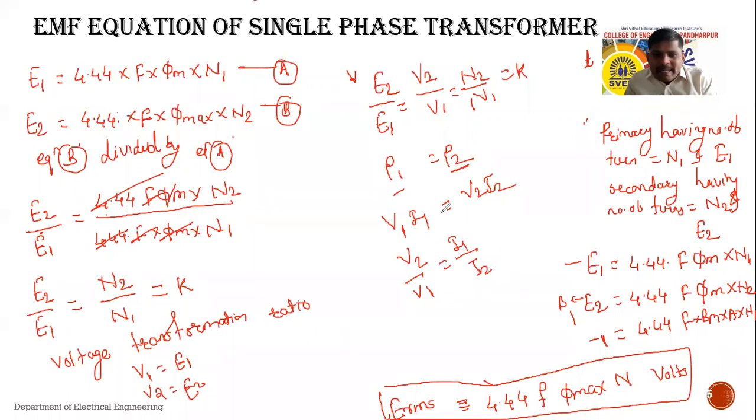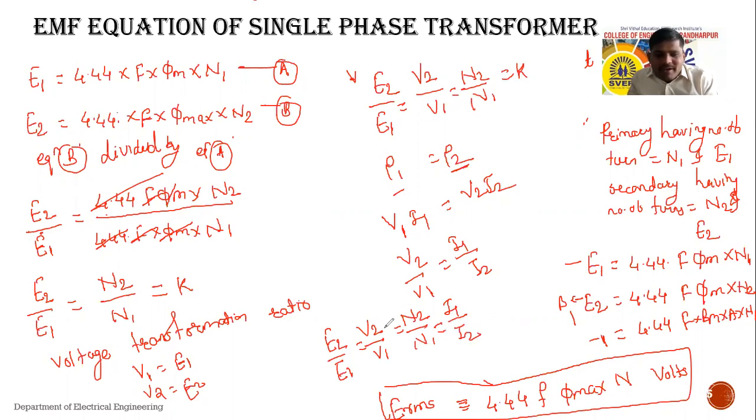So again, the transformation ratio E2 divided by E1 equals V2 divided by V1, which equals N2 divided by N1, which equals I1 divided by I2. All of you keep in mind the change.